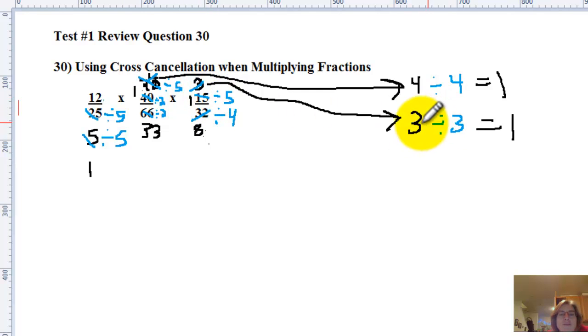Well, we divided by 3 up there, so we need to divide one of our bottom numbers by 3, and the only one that's going to work is 33. 33 divided by 3 is 11. Wow, so our 66 turned to 33, then turned to 11. Our 32 turned to 8. Our 25 went from 25 to 5, then to 1.